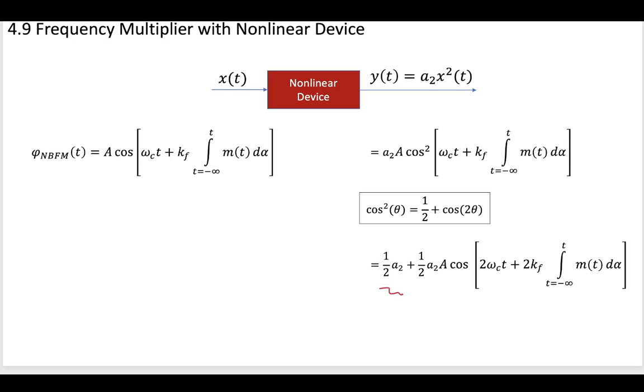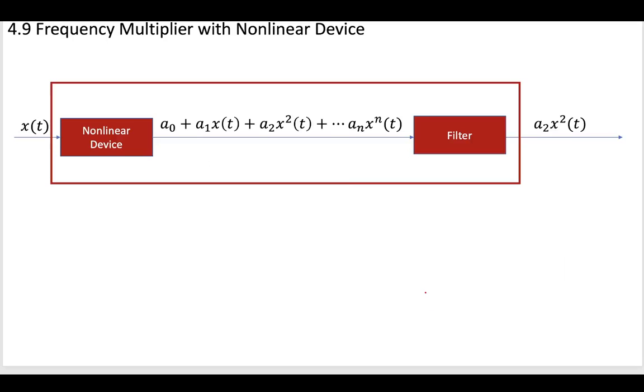We see that this one would be DC only, and this term is a cosine wave, not squared, at a higher frequency, 2 times our carrier frequency. So this has multiplied the carrier frequency, and it's reduced the amplitude a bit out front.